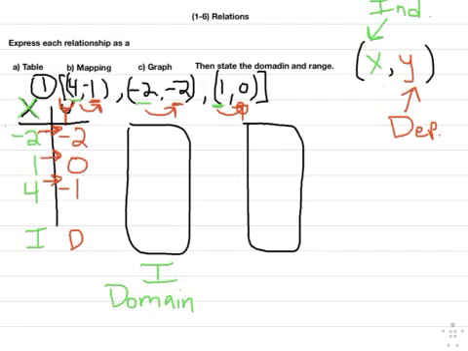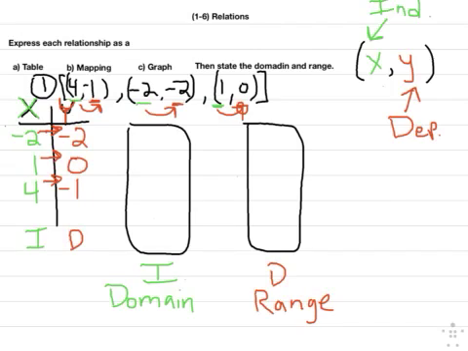That's our domain, what we put into this machine or function or relationship. And then what we get out is our dependent value, and that is our range. Domain goes in, range comes out, right?